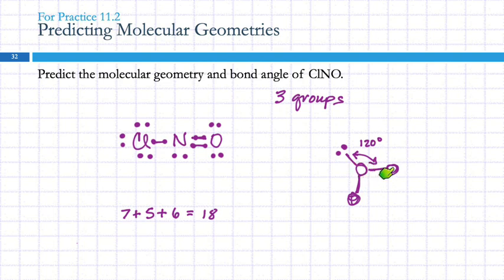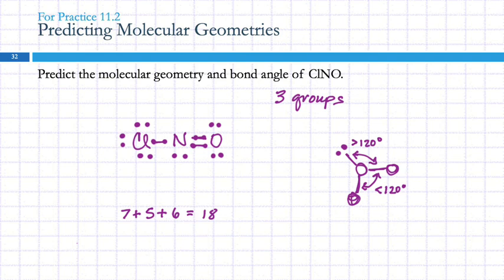Does this guy hate the lone pair more or this other bonding group? Hates the lone pair. So this is going to be a little bigger than 120. And this one is going to be less than 120 degrees.